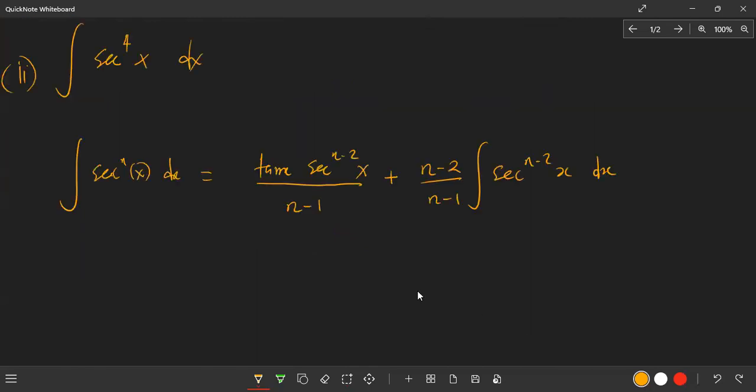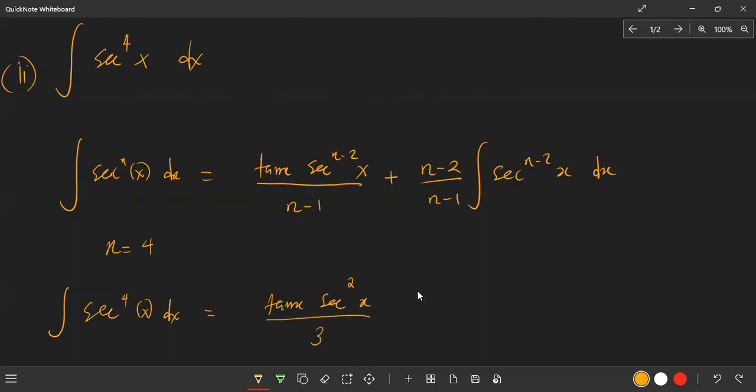In this case, our n is equal to 4. So integrating sec to the power 4 x, we have tan x sec to the power 4 minus 2, which is sec squared x, divided by 4 minus 1, that's 3.